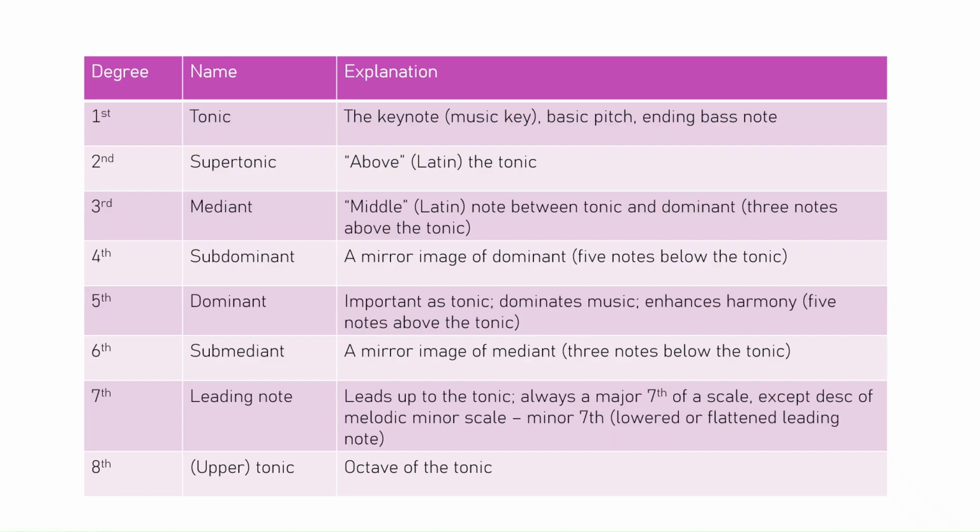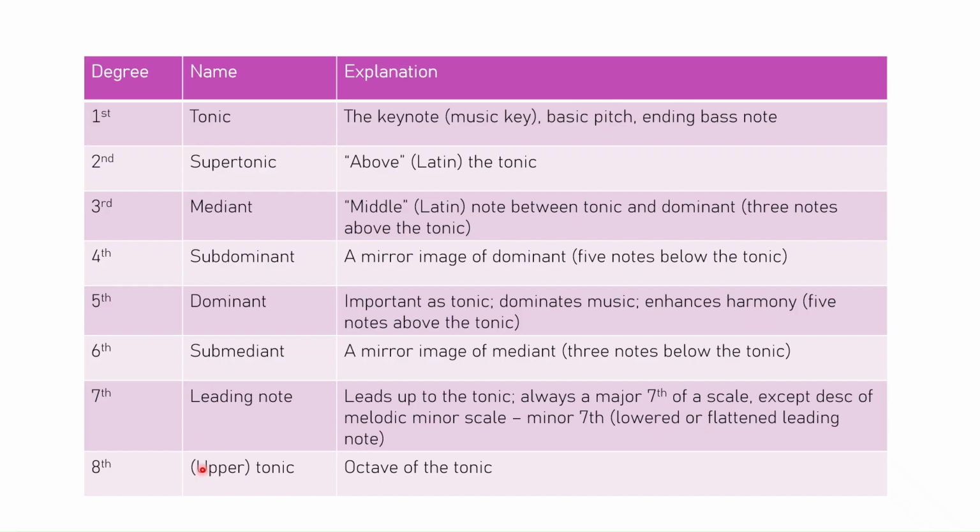The first degree, or the first note in a diatonic scale, is the tonic, the second is the supertonic, the third is the mediant, the fourth the subdominant, the fifth the dominant, the sixth the submediant, the seventh the leading note, and the eighth is the upper tonic, which is just a repetition of the first tonic at the octave.